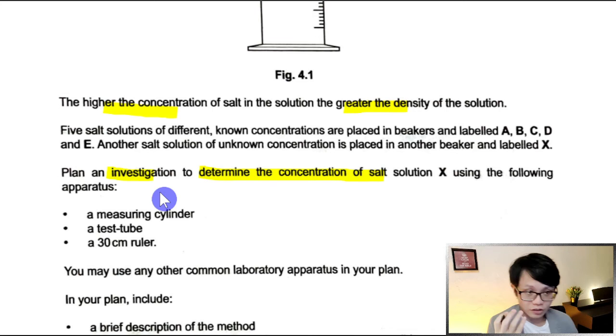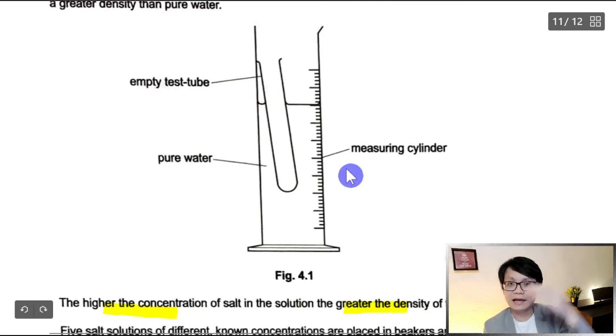Because if I put more salt, the empty test tube will go up higher. If I put less salt, the test tube will go lower. So I just need to put solution X and solutions of salt A, B, C, D, E, and measure the height of the empty test tube. The higher it goes means more concentration, the lower it goes means less concentration of salt.